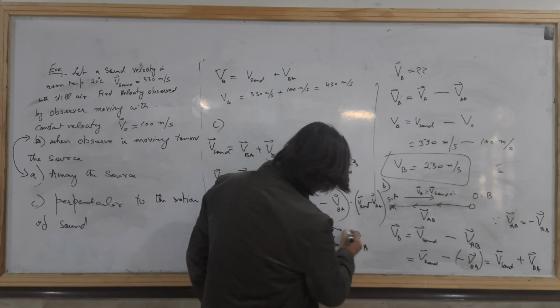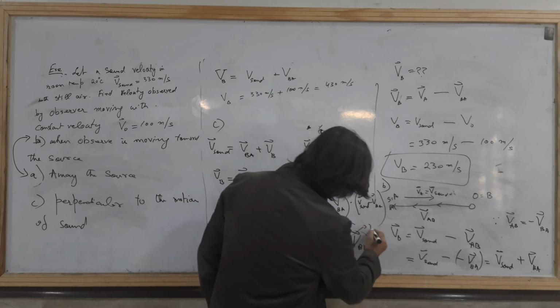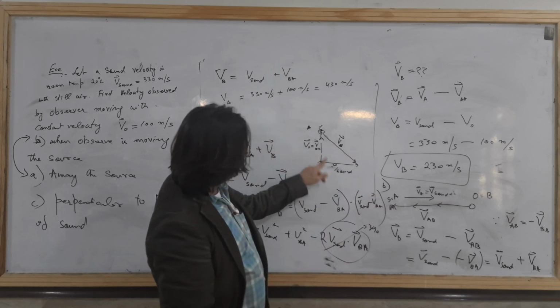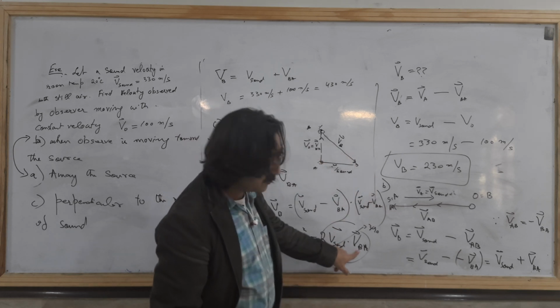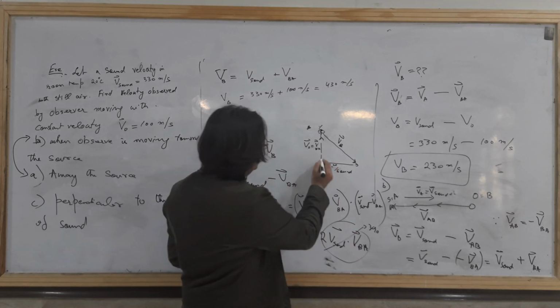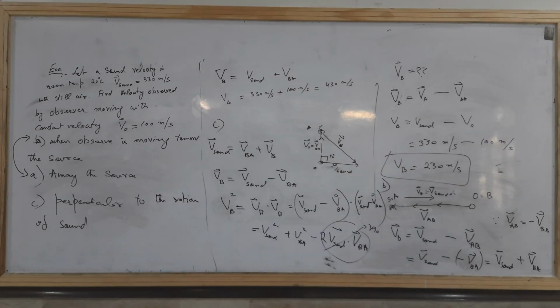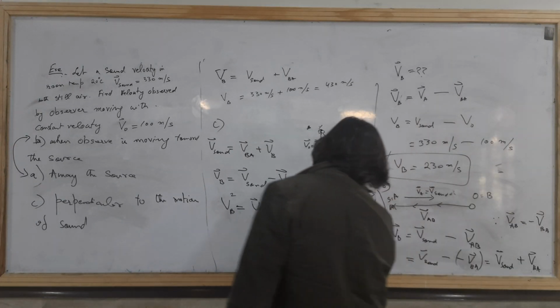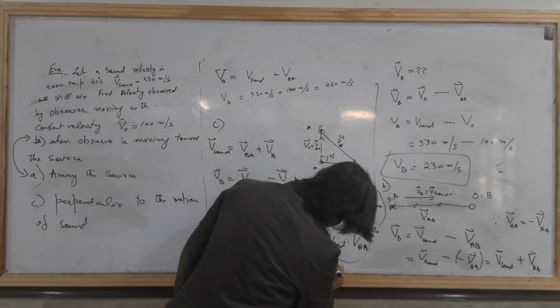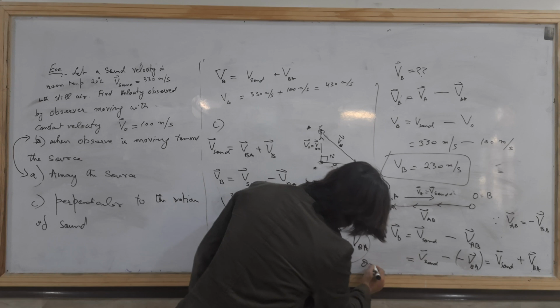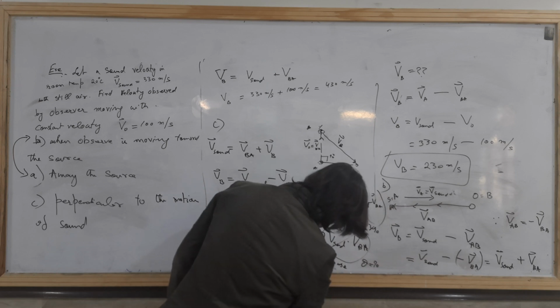But this dot product will be equal to 0, because of the cos of the angle between sound and VBA. What is the angle between them? 90 degrees, and cos 90 is 0.